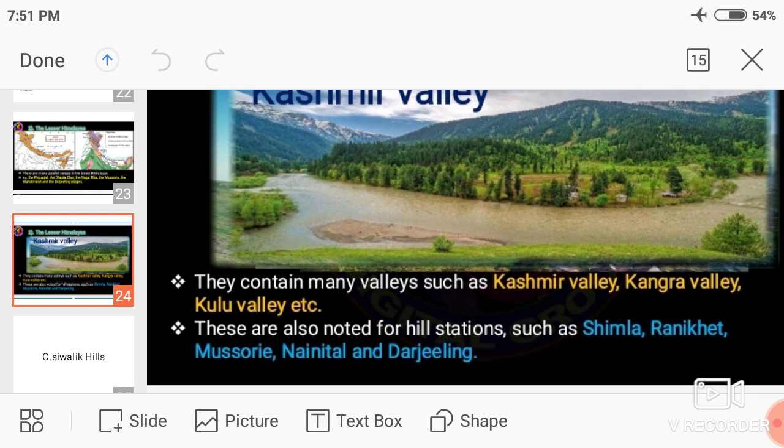They are also noted for hill stations such as Shimla, Ranikhet, Mussoorie, Nainital, and Darjeeling. These are the Lesser Himalayas.